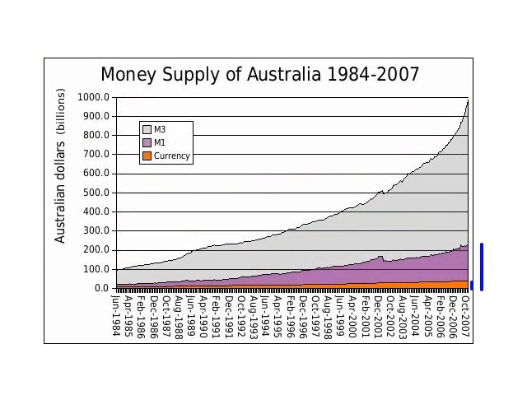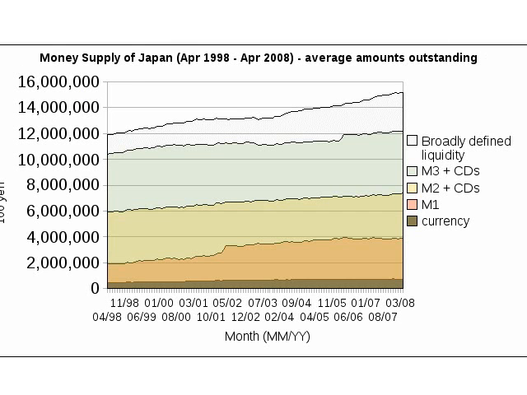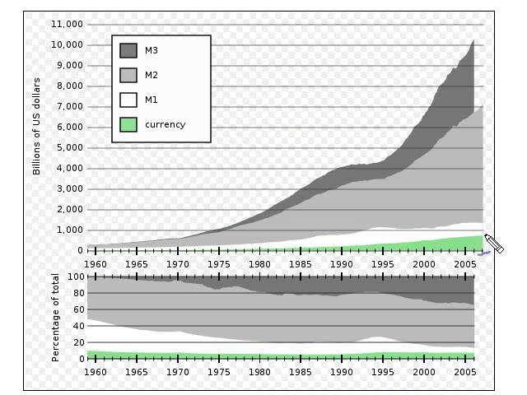Again, about 6 times the size. For the last example, here we have Japan. M1, currency, and then M1. About 5 times, about.